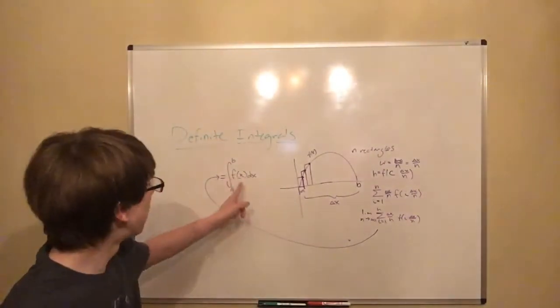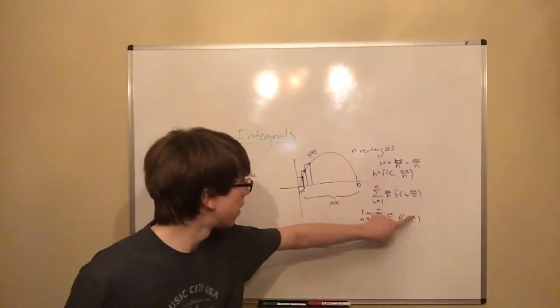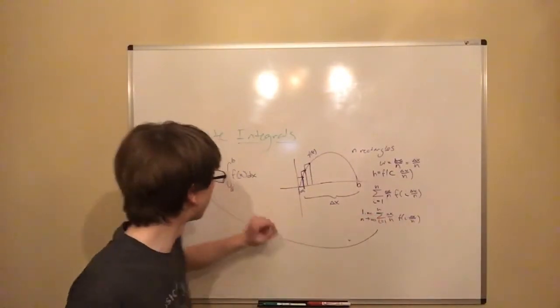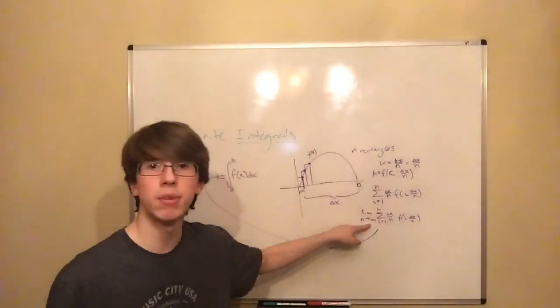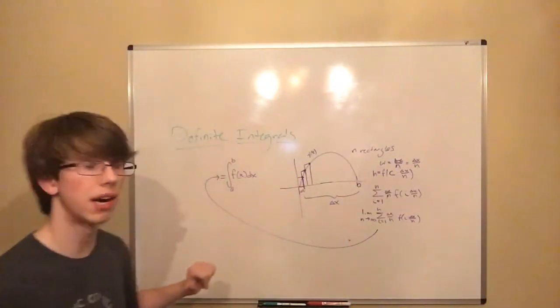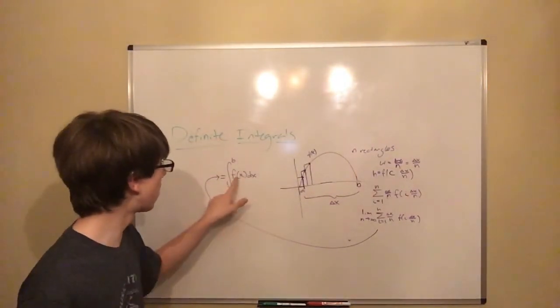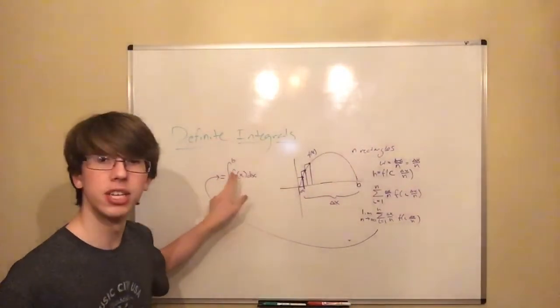So basically the sum from these 2 points, as we get an infinite number of rectangles to approximate the area, then we have the definition of a definite integral.